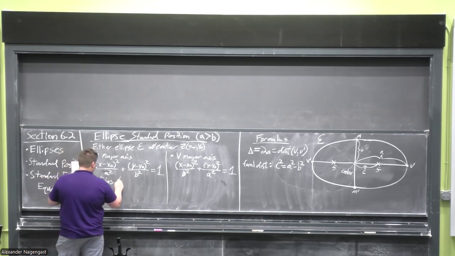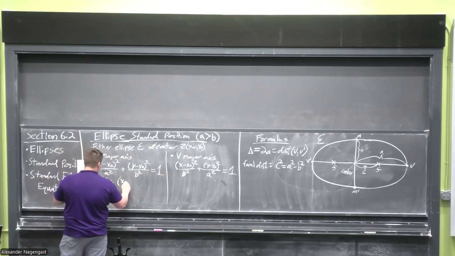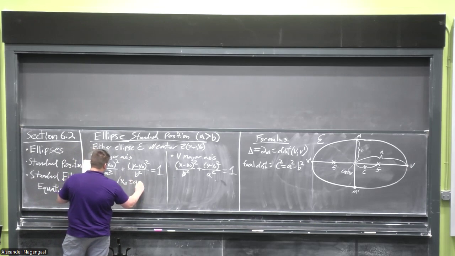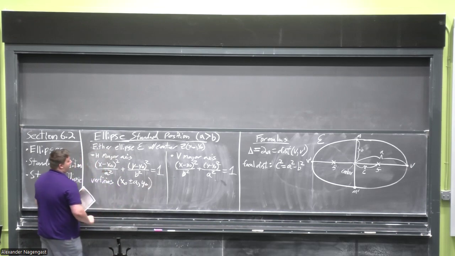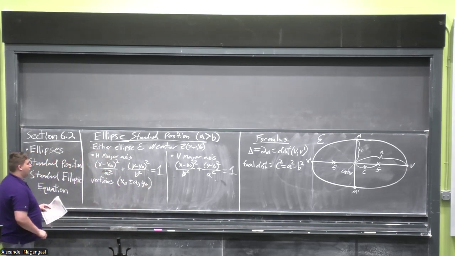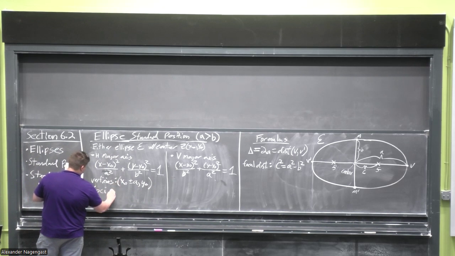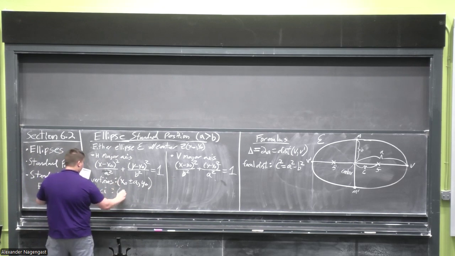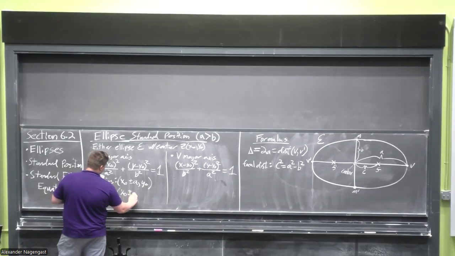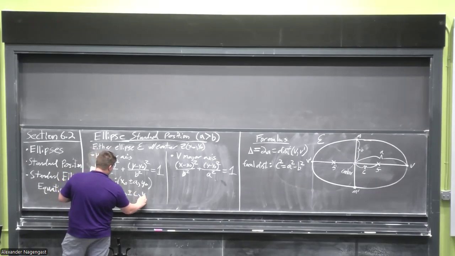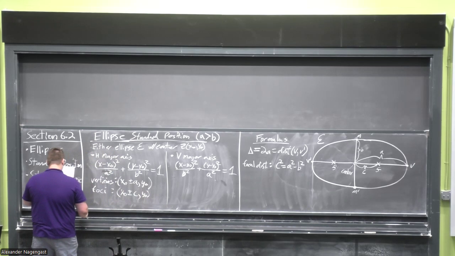We have them at x naught plus or minus a, with y naught as the other coordinate of the entry. We have our foci, and they are at the points x naught plus or minus c, y naught.